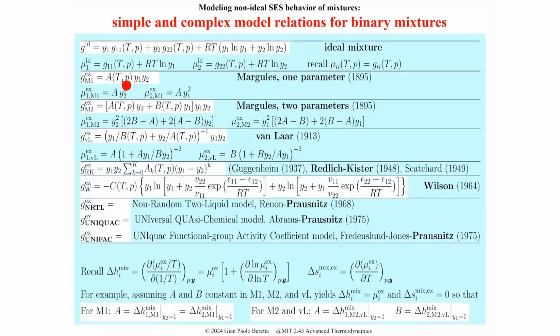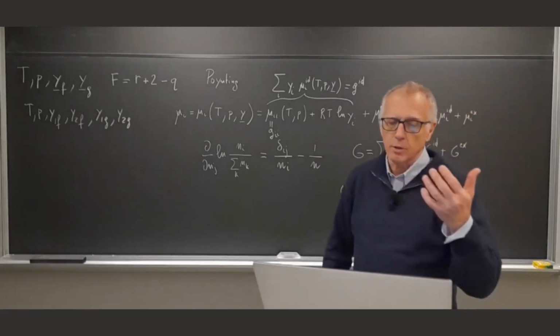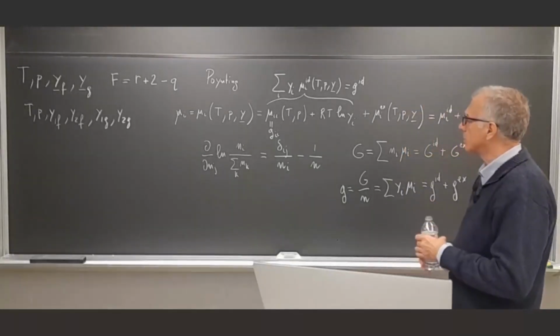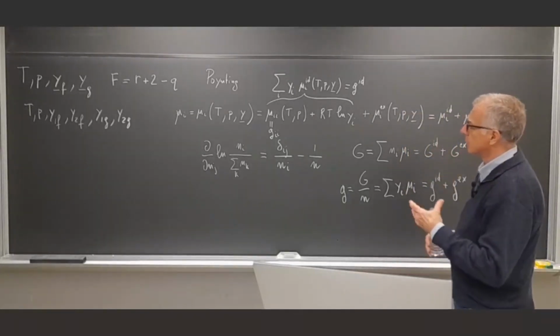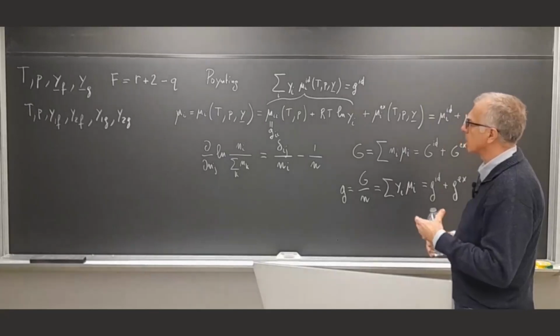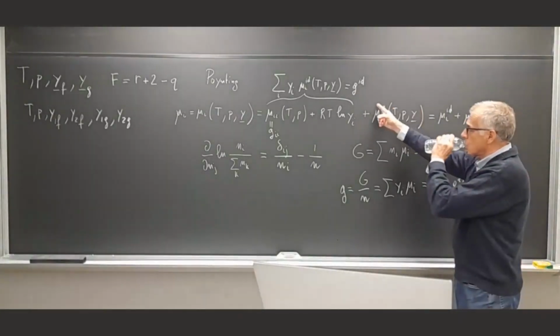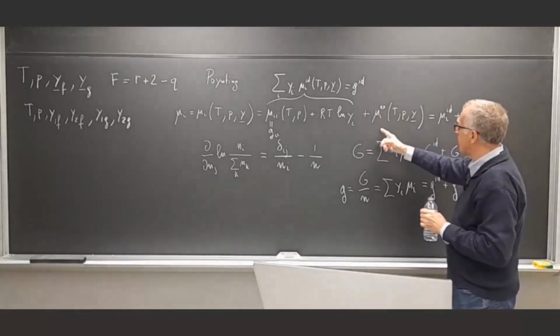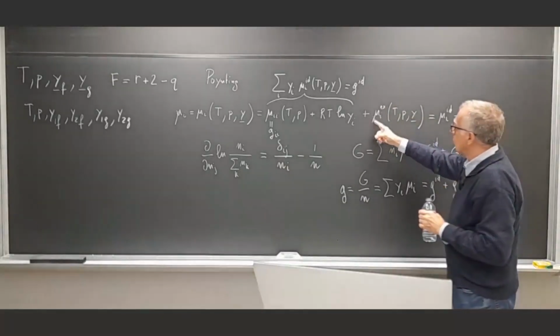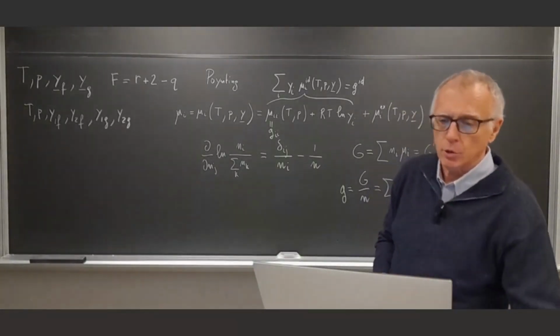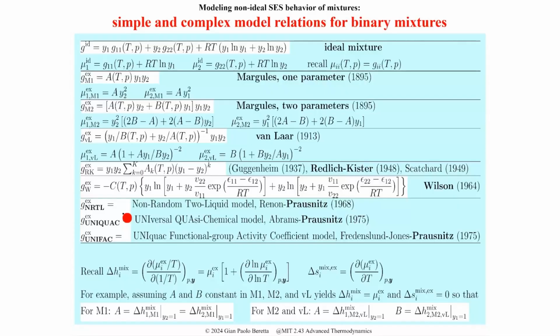Okay. Now, below here, I have listed some of the historical guesses or semi-empirical theories that have been developed in order to come up with ways of representing the excess part, so the non-ideal part of the behavior of mixtures.